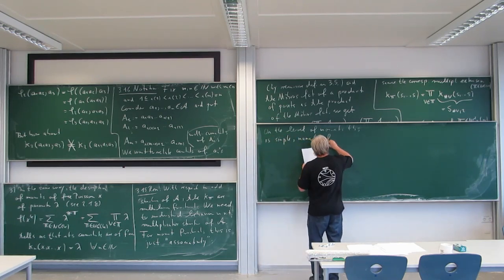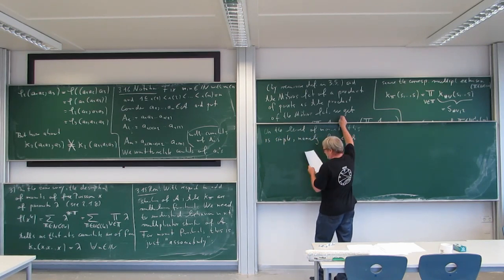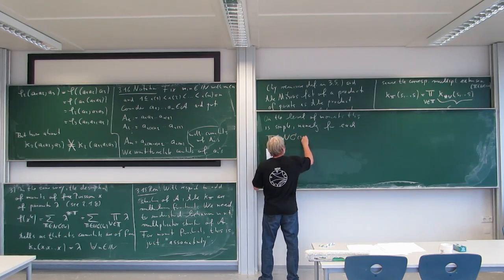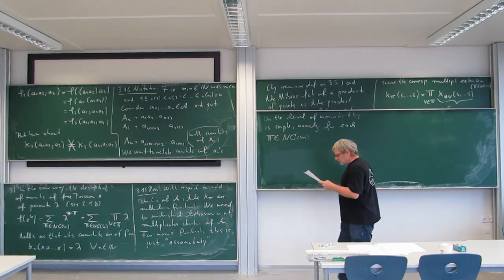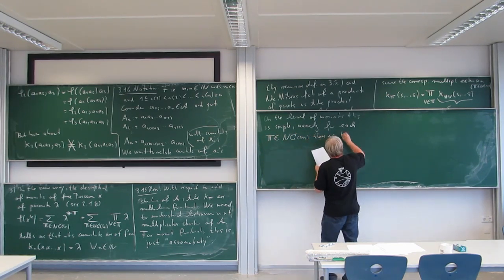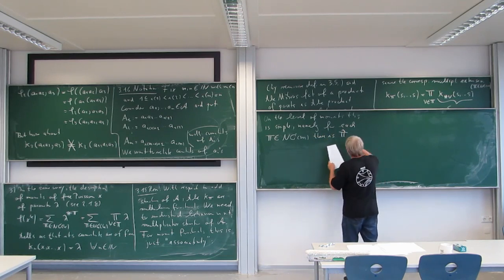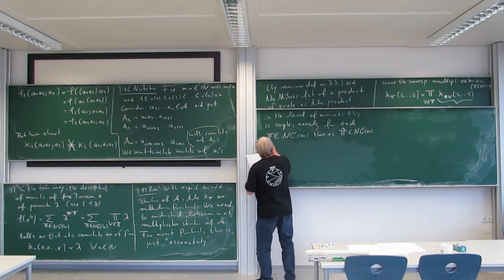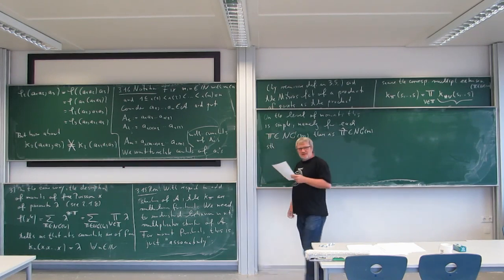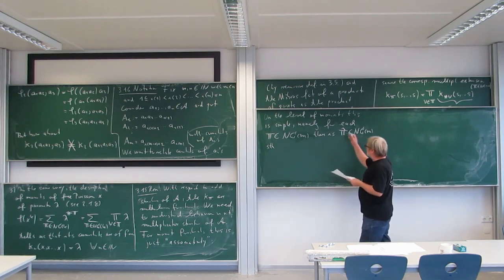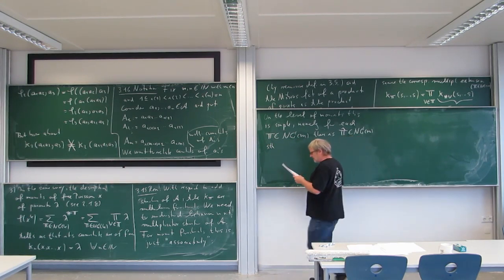Namely, whenever I have, let's say, a pi in NC(m), those are pi's which correspond to the capital A's, then there is a corresponding partition which I call pi hat, which lives in NC(n), which corresponds to the little a's, such that the moment functional of pi, if I evaluate it at the capital A's, is the same as the moment functional of pi hat if I evaluate it at the little a's.